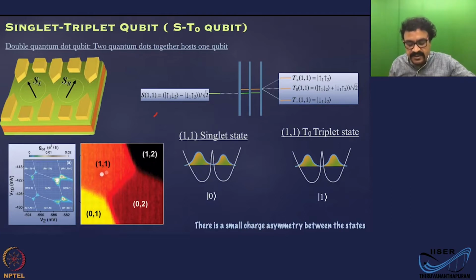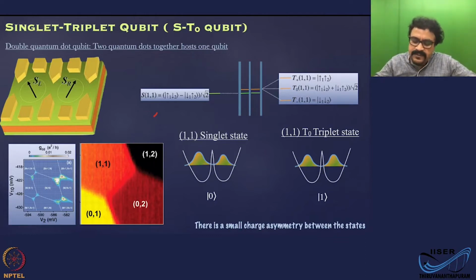The state is spread between 2 dots. Either this state could be a 1 or this state could be a 0, depending upon whether you have a singlet or a triplet state. So these are the two architectures. One is LD and another is ST0. Okay, that is, in short, how they are known.